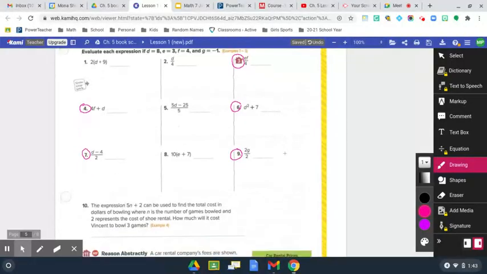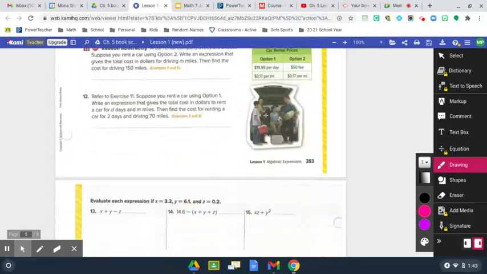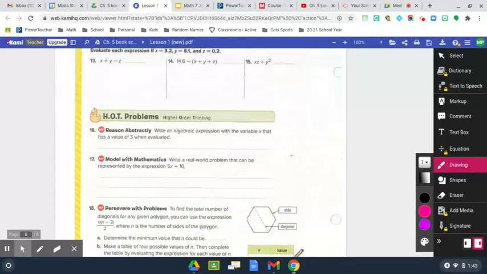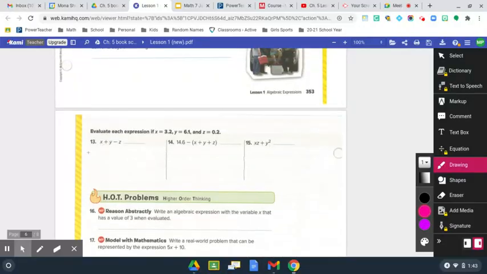And then if you happen to get those done and you feel good when you've checked your answers, then what I'd like you to try, and this is more of a challenge, right? These are decimal problems here on the next page, which is page 354. Try 13, 14, and 15. And so these are small decimals, and honestly, they're all positives.